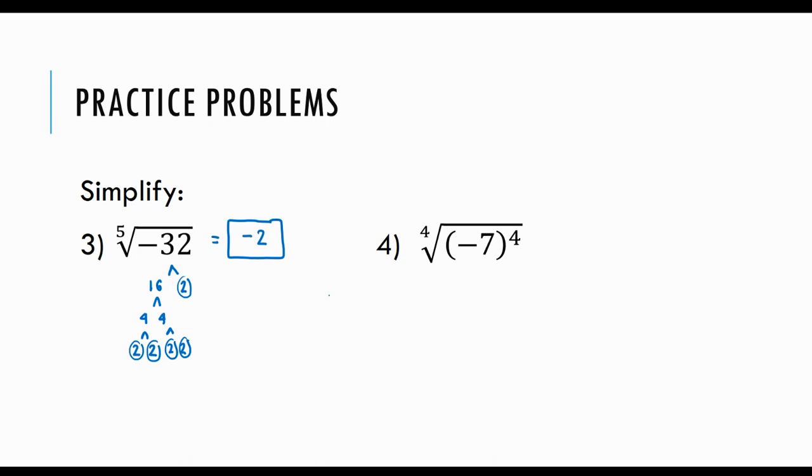So I will end up having a positive number underneath the square root. Okay, so think about it. If I'm looking for 4 of the same number, well, think about negative times a negative is a positive. So we're really dealing with 7 times 7 times 7 times 7. So really 49 and 49, and then 7, 7, 7, and 7. So really then that tells us that 7 is going to be our final answer.